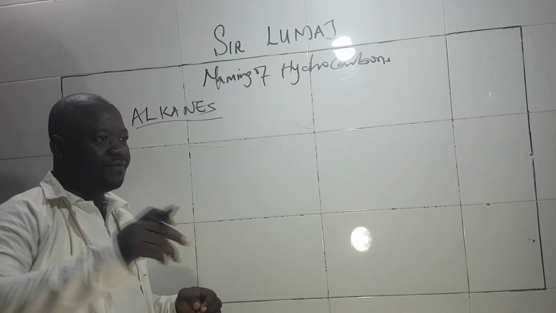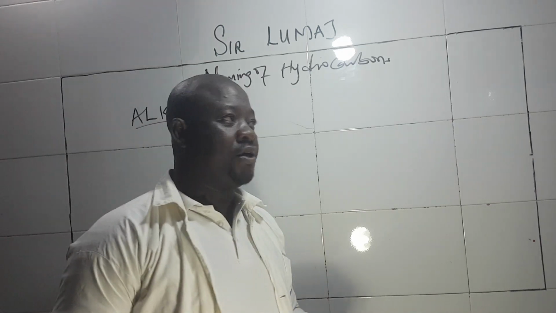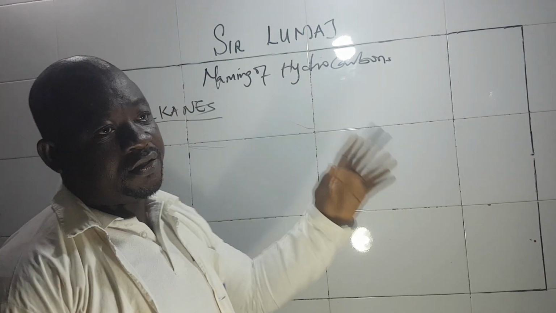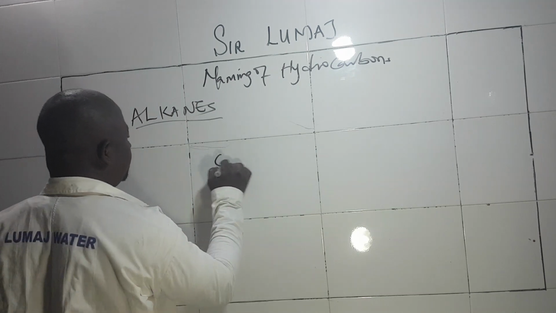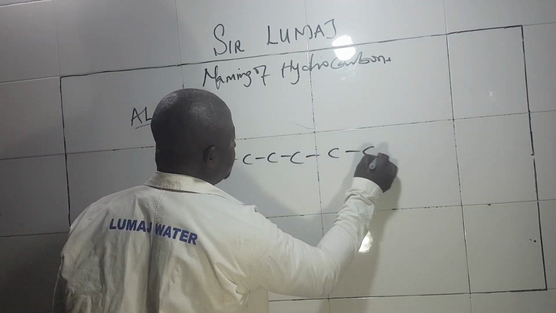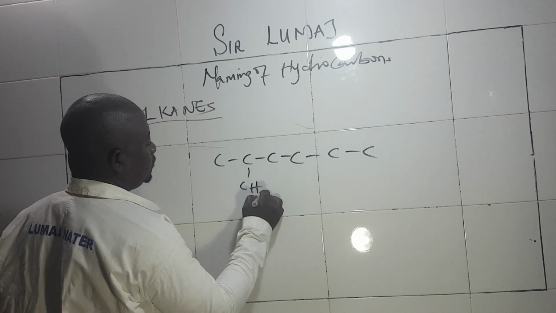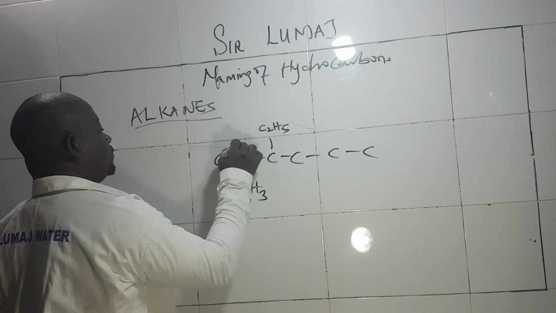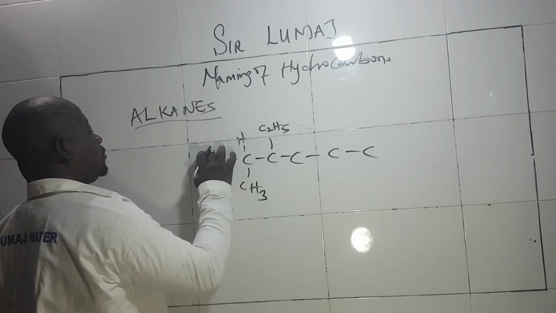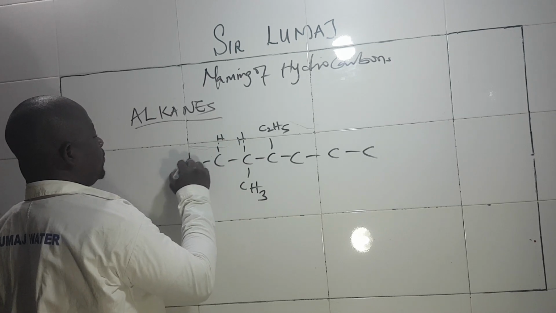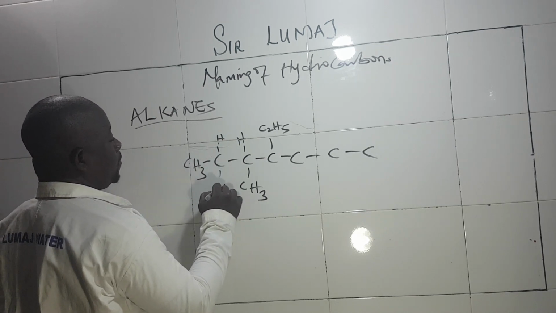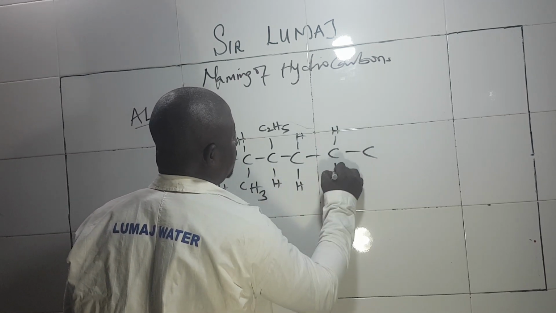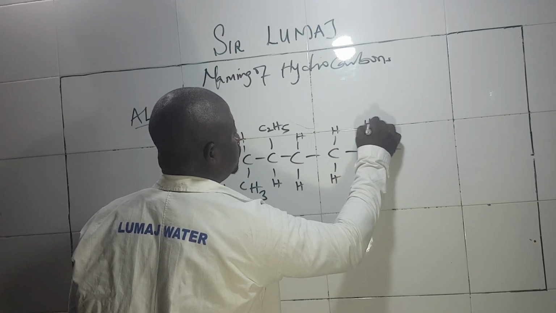Don't forget, when I was giving us the general nomenclature, I told us that you locate the longest continuous chain. For instance, let's say we have a structure with CH3, C2H5, and CH3.